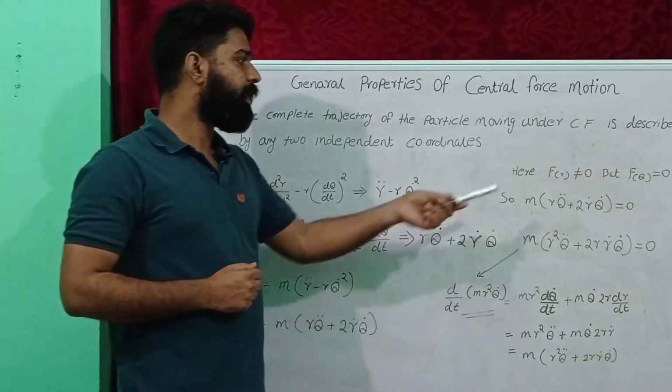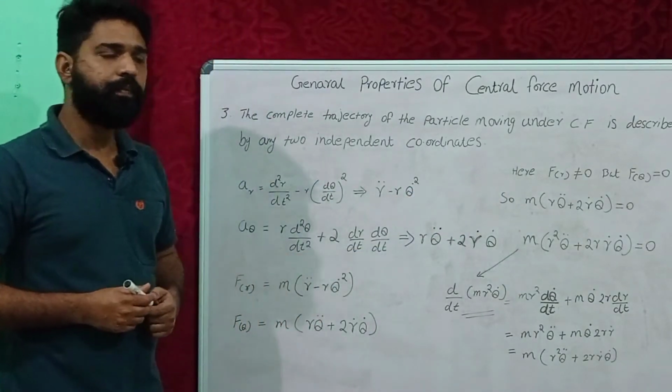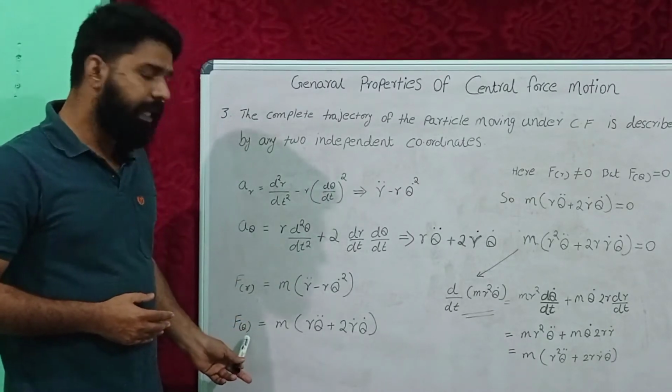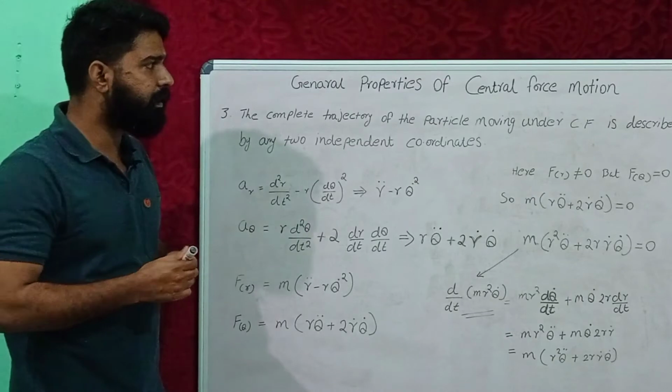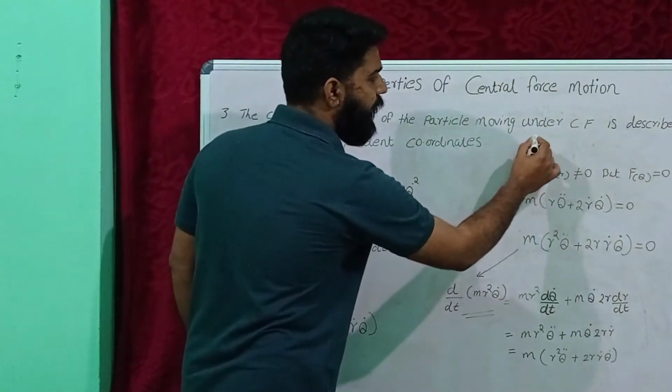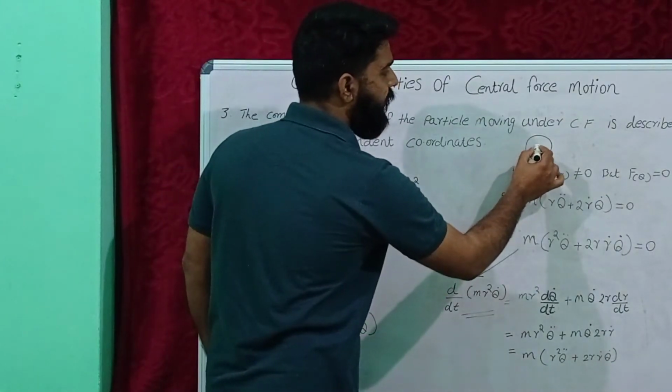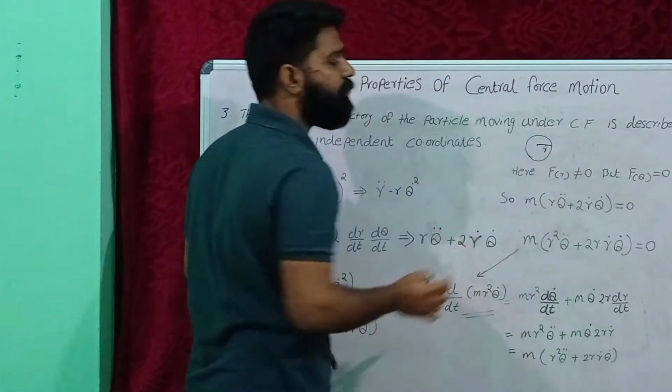But here f of r, that is the radial force, is not equal to 0, but the angular force is 0, because we are considering central force motion, so we only consider the position vector.